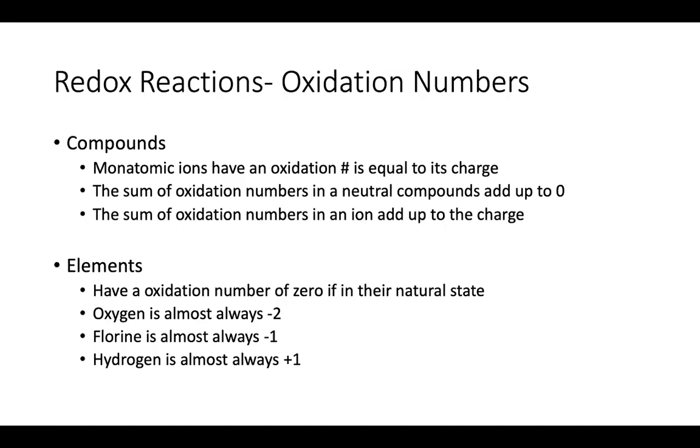Diatomic oxygen as a gas is the natural state, so its oxidation number would be 0. Things like that. Remember that oxygen is almost always -2 when it's in compounds. Fluorine is almost always -1, and hydrogen is almost always +1. So knowing these, you can pretty much figure out the oxidation state of any unknown element.